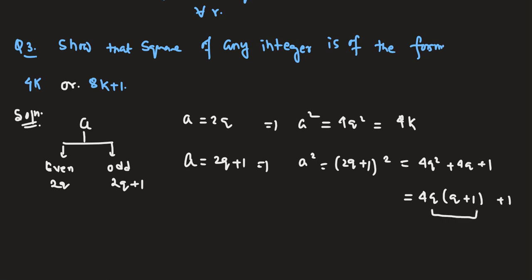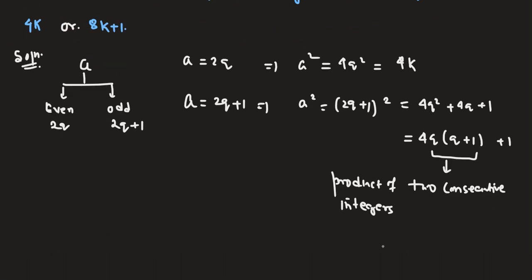q and q plus 1, these are the product of two consecutive integers. If it is a product of two consecutive integers, it is divisible by 2.